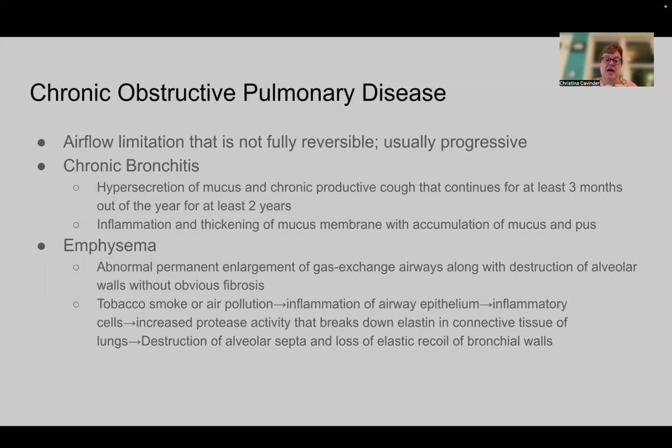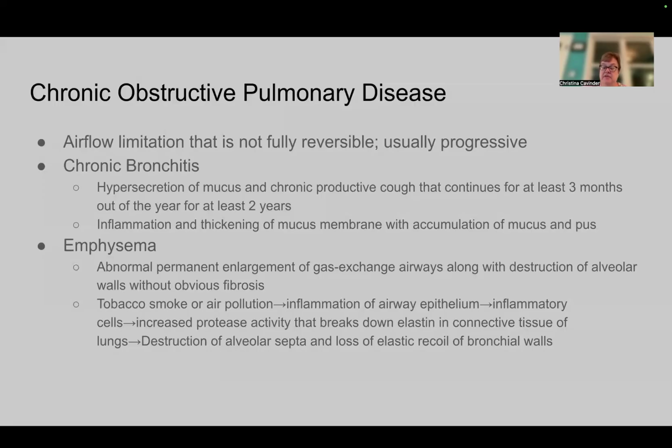Emphysema then is abnormal permanent enlargement of the gas exchange airways with destruction of alveoli without obvious fibrosis. So this is the next step of that chronic fibrosis where it's even more difficult to breathe. You have more narrowing of the airways. Causes can be tobacco smoke or air pollution causes irritation, inflammation in the airway epithelium.